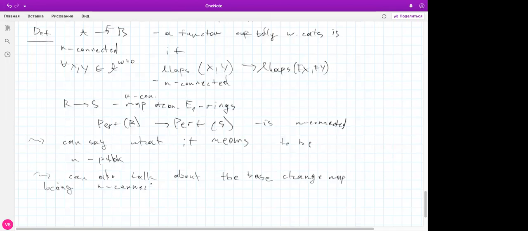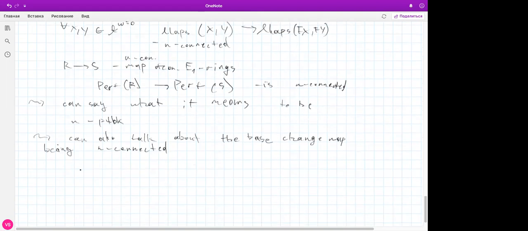You just evaluate the base change map on the objects of the heart, and you ask that this map is an unconnected map in the additive sense.